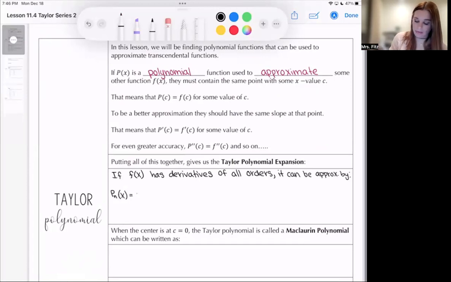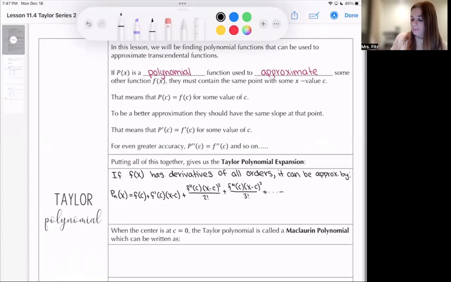It is equal to f of c. Remember, that's that first point we're choosing to be the same as our function, plus f prime of c times x minus c, plus f double prime of c times x minus c squared over 2 factorial, plus f triple prime of c times x minus c cubed over 3 factorial. And you kind of get the point, right?